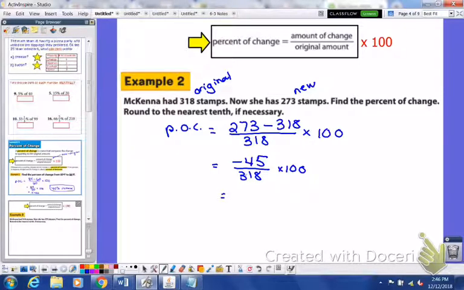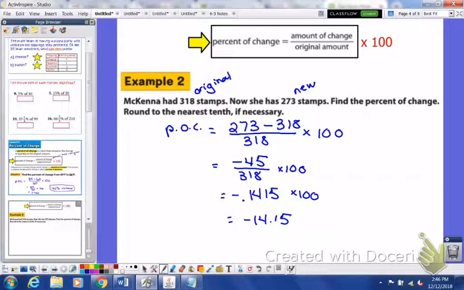If we did negative 45 divided by 318, you'll see you get a decimal. We're going to write the first 4 numbers. So negative 0.1415. I know it says nearest tenth, but you'll see why we want to write 4, times 100, which equals negative 14.15.